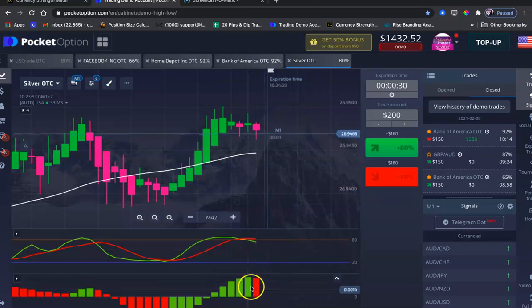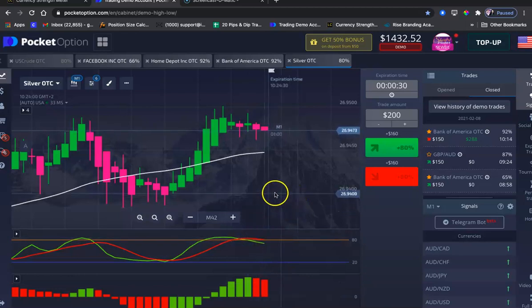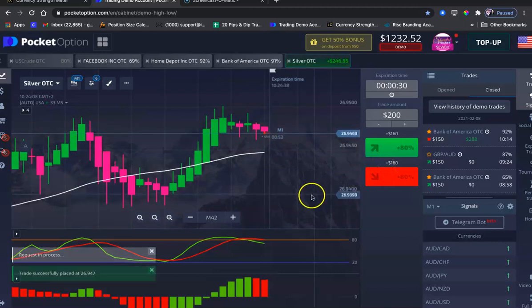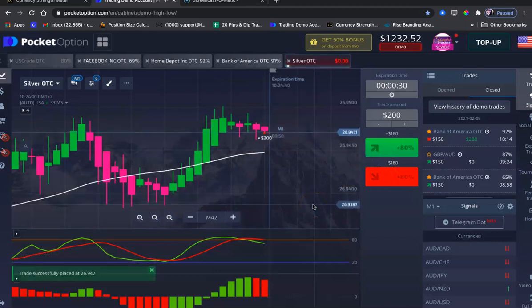So the awesome oscillator is saying we're in sell mode. This is saying we're in sell mode. And let's see, we just got a new candle. Let's give it a second, see what it's going to do. I think it's going to drop. We're going to take a sell just for the heck of it, okay? Just for the heck of it.